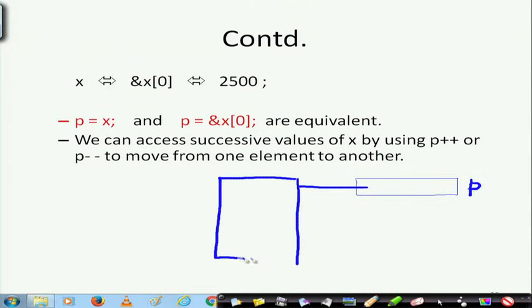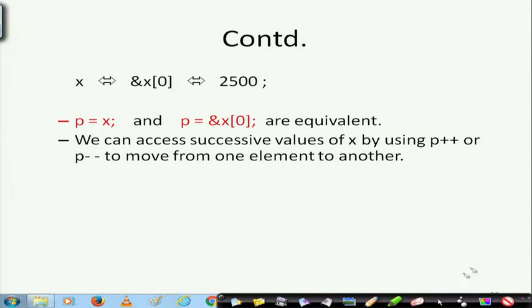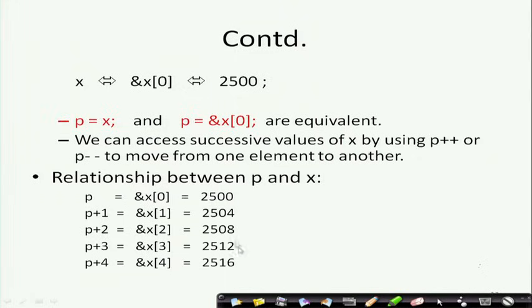I cannot change that pointer, but if I do p++, this is pointing to the first element, then I go to the next element of the array by the scale factor. So, if I do p++, I am actually doing p plus 4, say. In that way I can move across. So, the relationships should be clear here. So, p+1 is the next one, p+2 is the next one, that we have already explained.